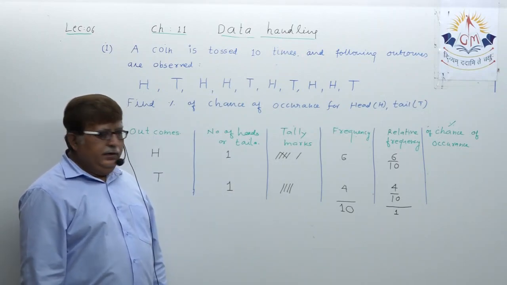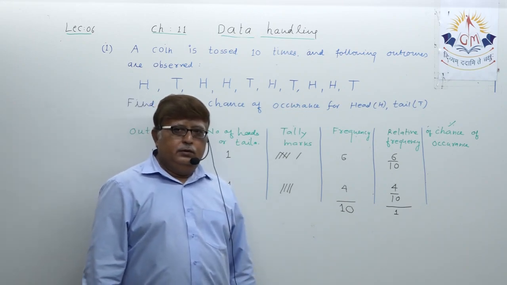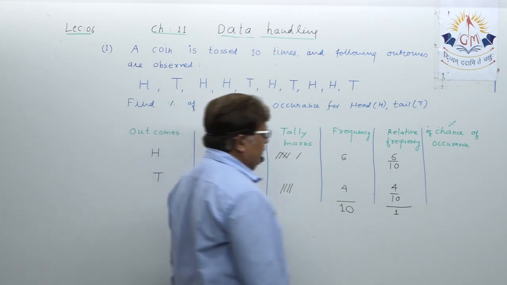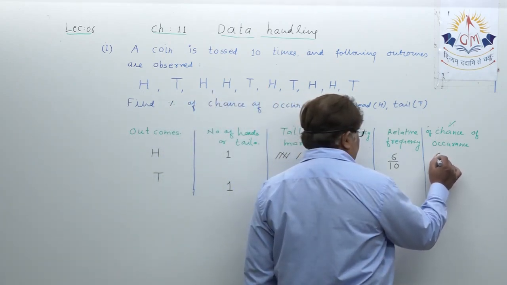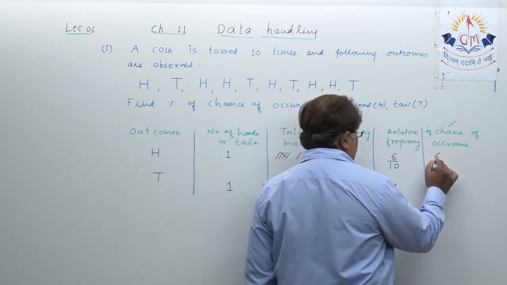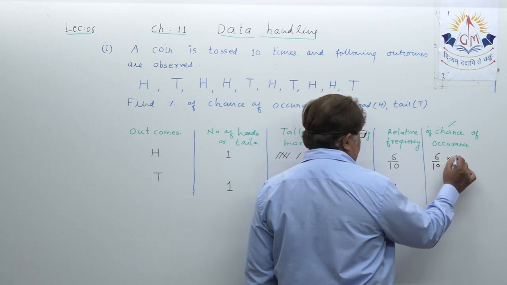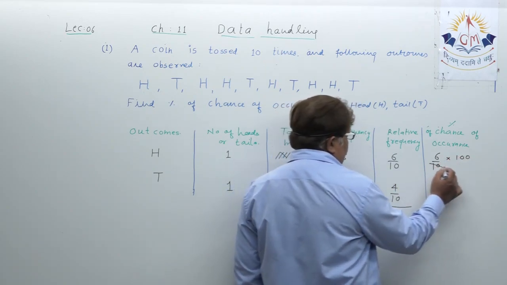Now let us find the chance of occurrence. How can you find the chance of occurrence? The relative frequency is to be multiplied by 100.